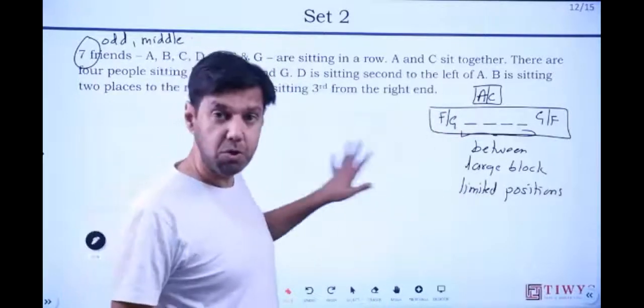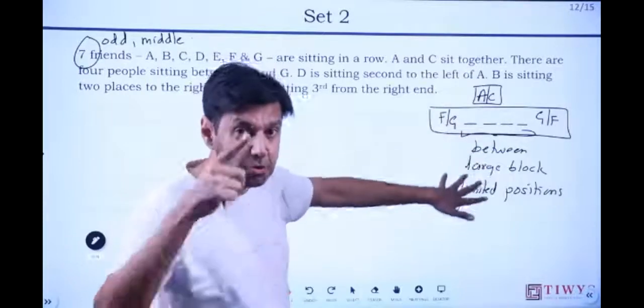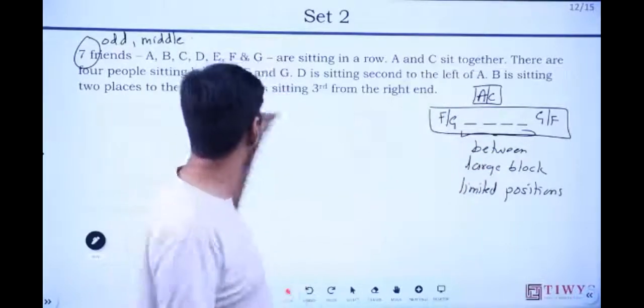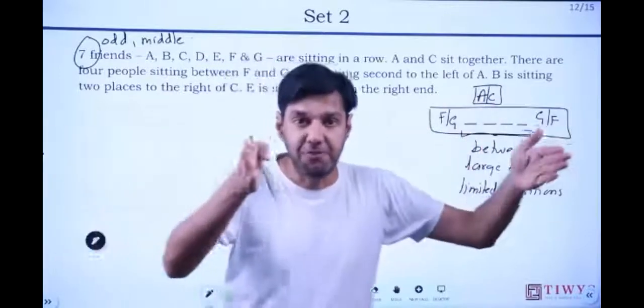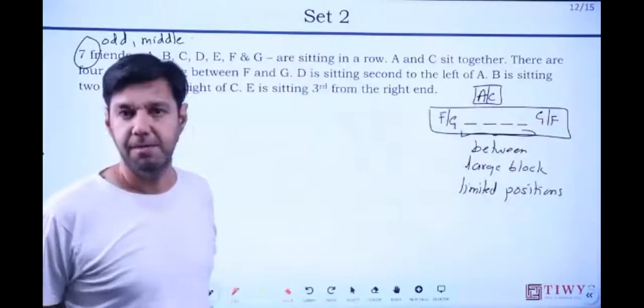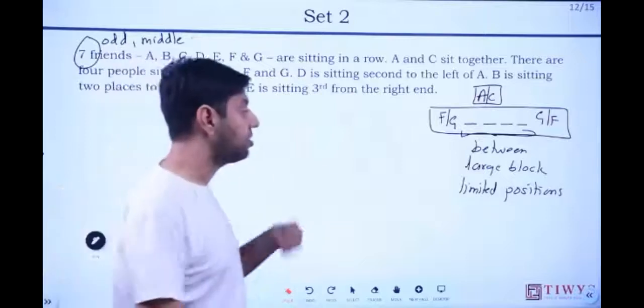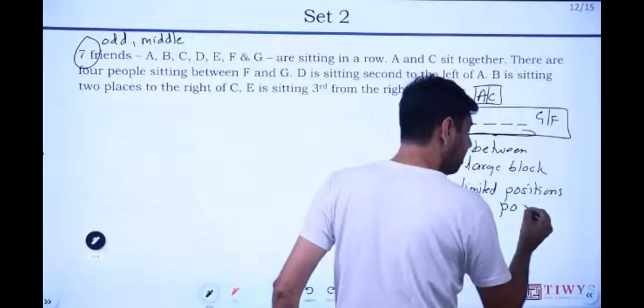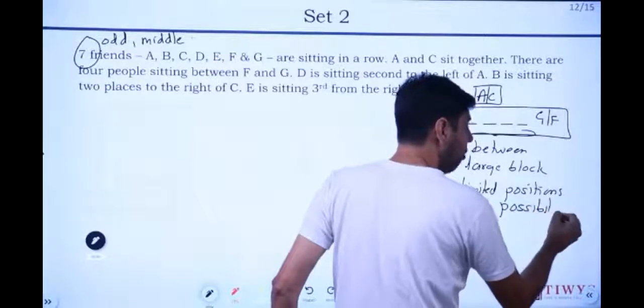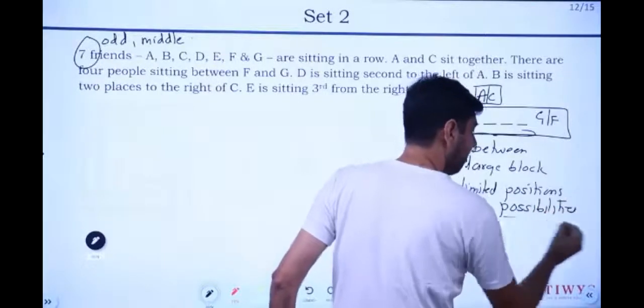You know, without drawing anything, I'm doing this to explain to you. So when I read 4 people between, I was happy then. There would be very few positions that you can put them in. Okay, and this idea of limited possibilities, limited positions, is something that is going to be very useful in tough ones.